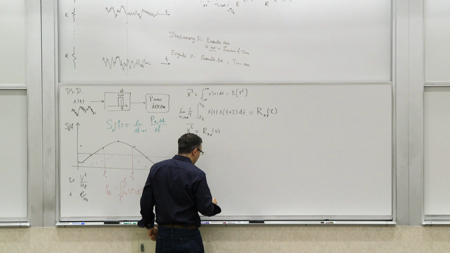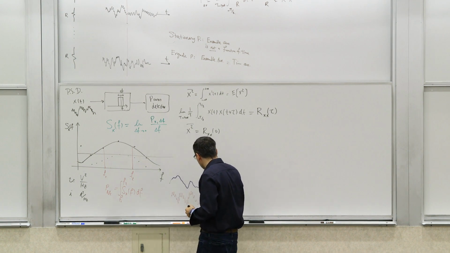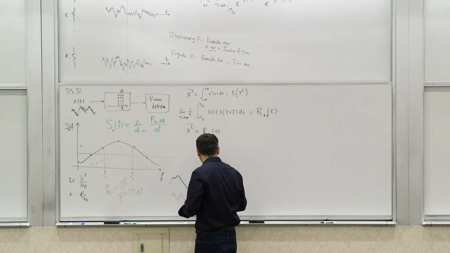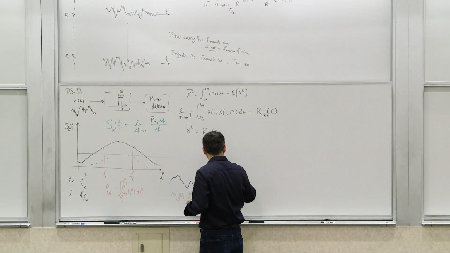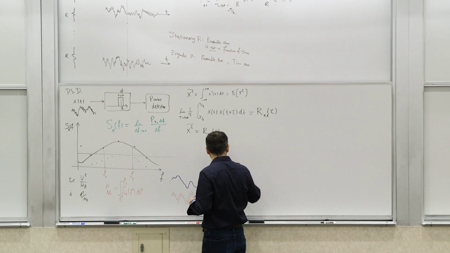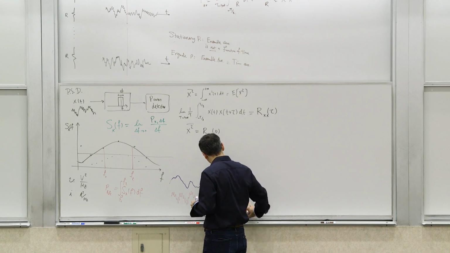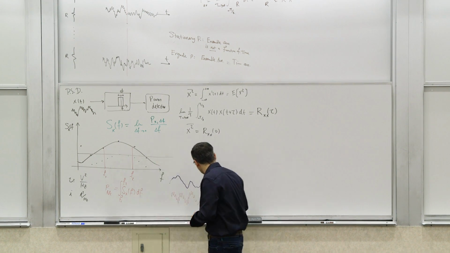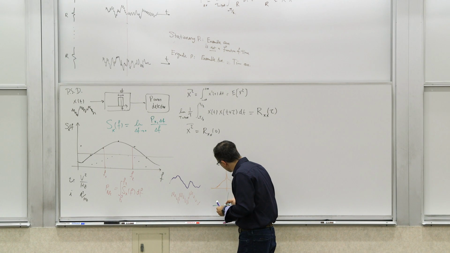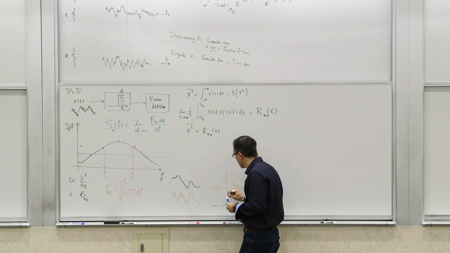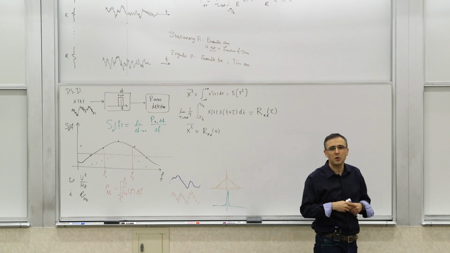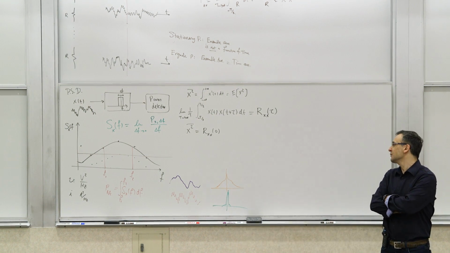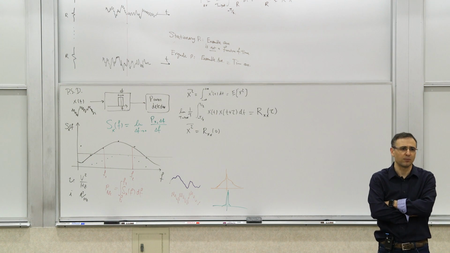So for example, if I showed you two autocorrelation functions, let's say in two new colors, one autocorrelation function that looked like this, and another that looked like this, which one do you think would correspond to the red one, and which one would correspond to the purple one?